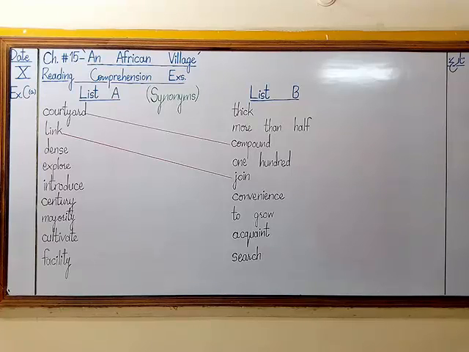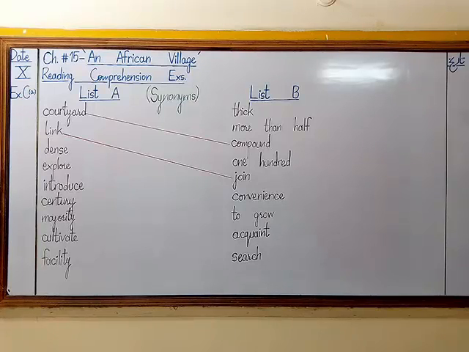So in simple words we can say courtyard and compound are synonyms to each other because they have the same meaning. Same as link has the same meaning as the word join. So we can say link and join are synonyms to each other. Or we can say link and join have the same meaning.